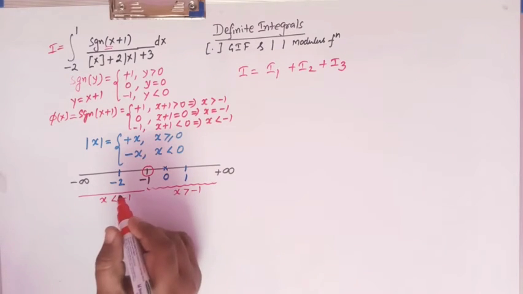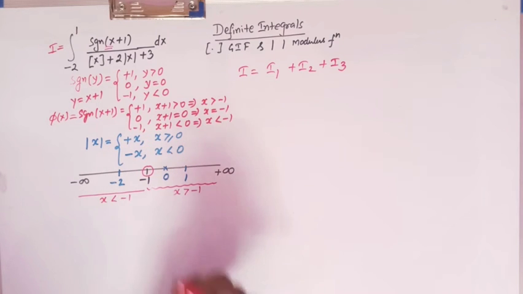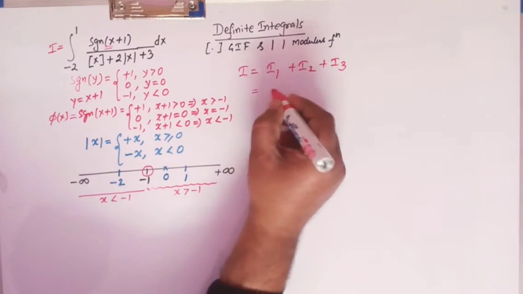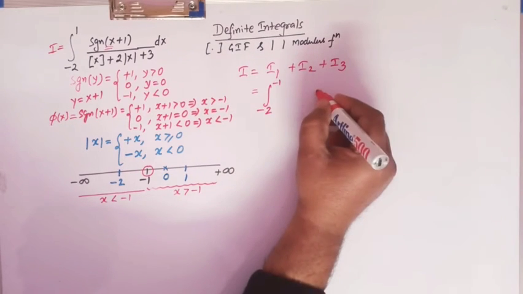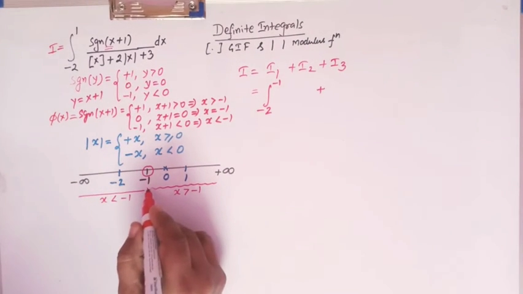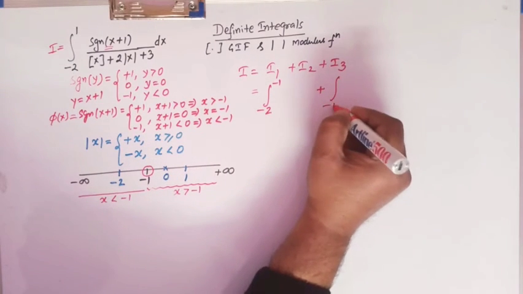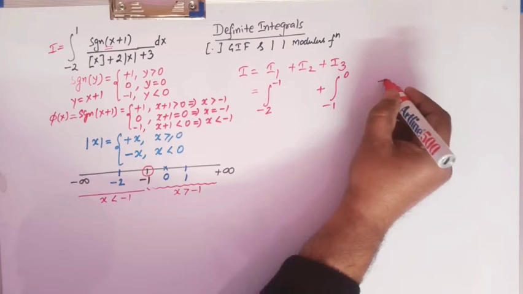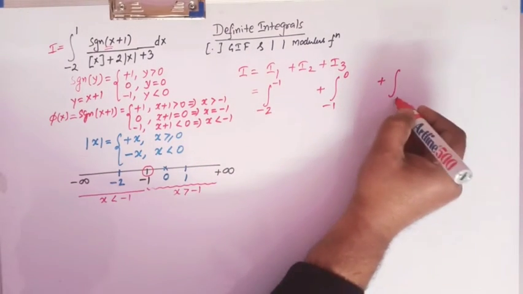The first one is from -2 to -1, the second integral is from -1 to 0, and the third integral is from 0 to 1.